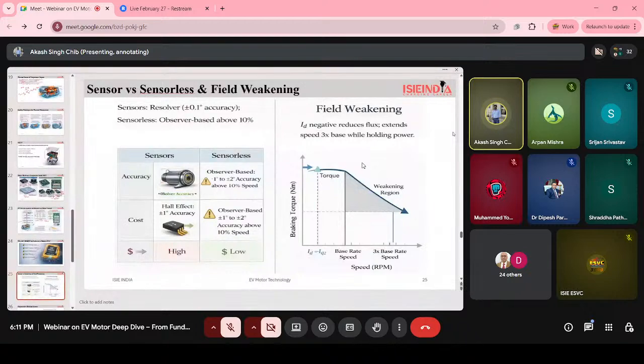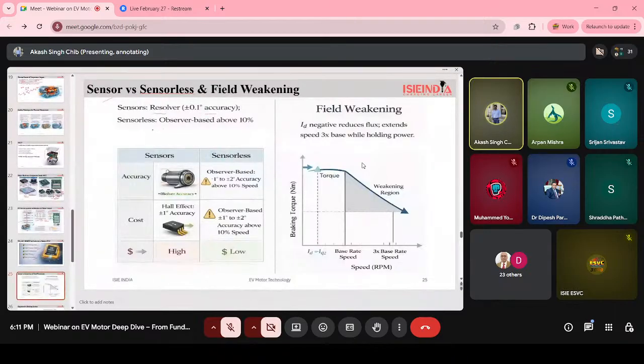So let's understand how the motor knows rotor position. For proper control, the MCU must know the motor position. So that's why we use sensors to detect the position. If sensors are used, there may be a chance of 0.1 accuracy.